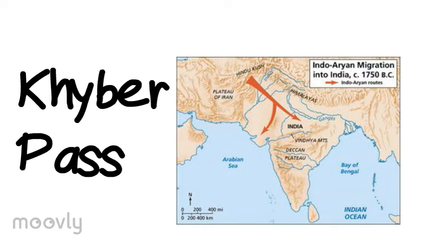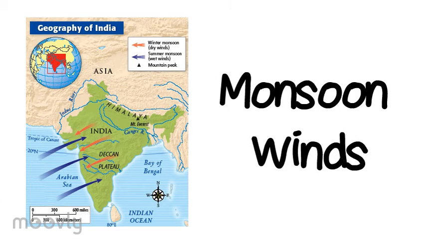Another very important concept in subcontinental geography is the monsoon winds. If you look at the map, there are a couple of arrows. There are some blue arrows that come from the Arabian Sea, and some red arrows that come from the plateau of Tibet, and these winds just pour over the top of the Himalaya mountains like Niagara Falls.